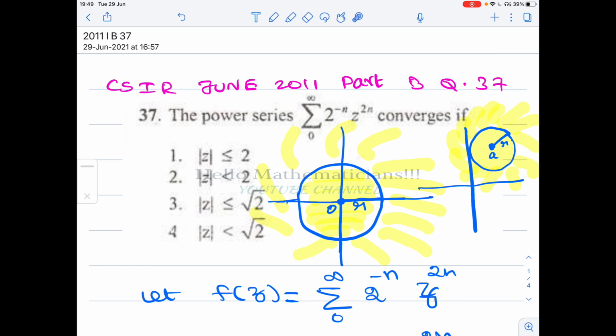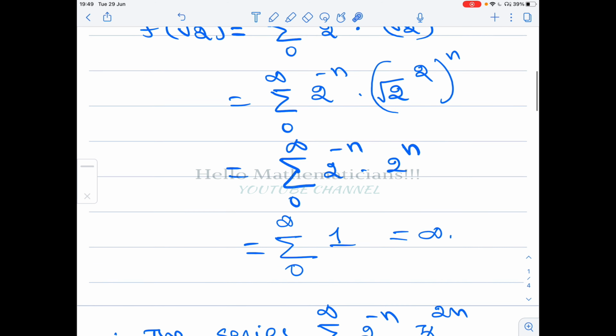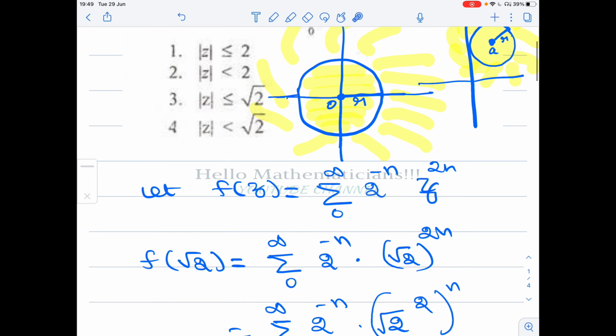On the circle, as I said, we don't know usually. Now what we know is that at the point root 2 the power series is divergent.